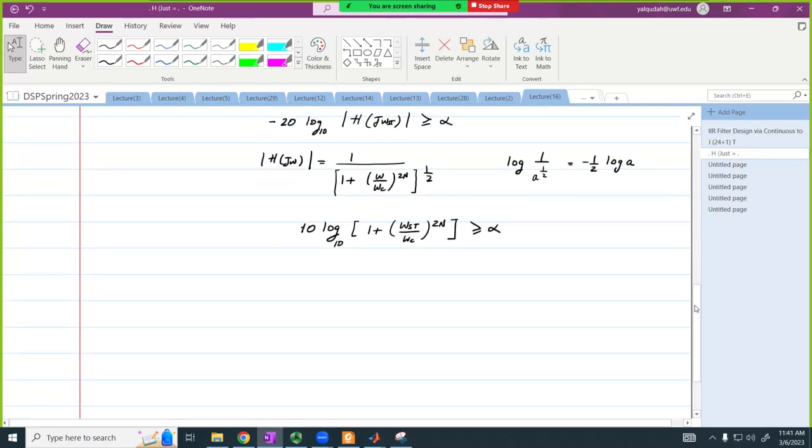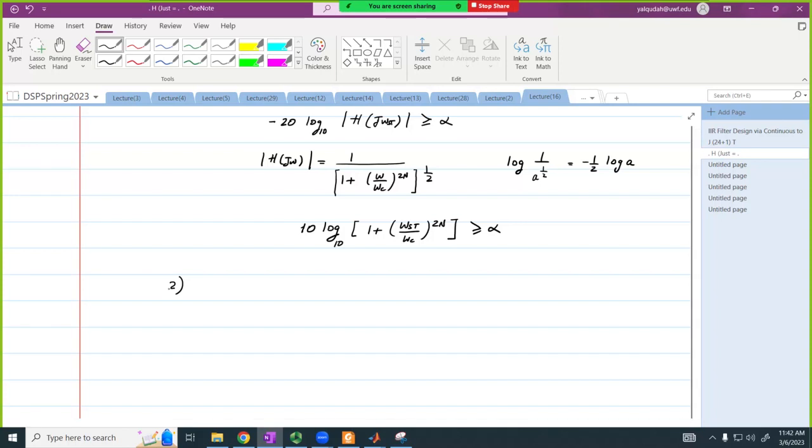Okay. So after we calculate this, we use the tables. So this is going to help me determine the value of n, the minimum order that is going to meet this requirement.